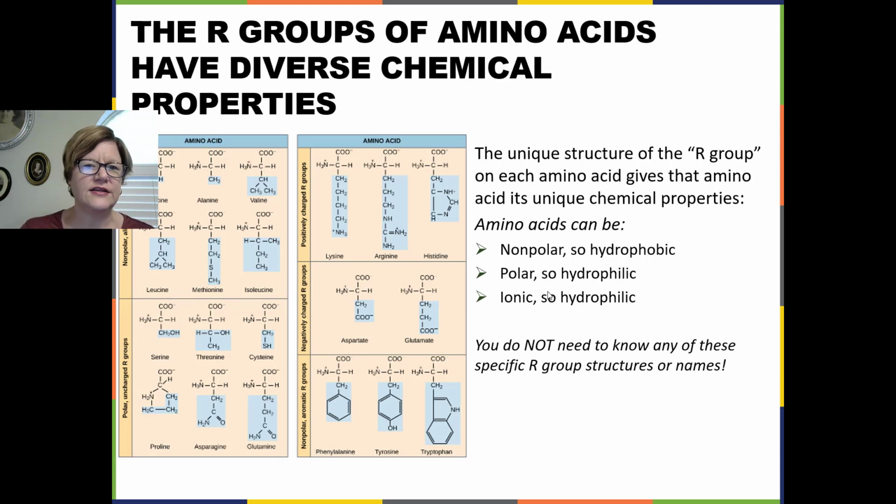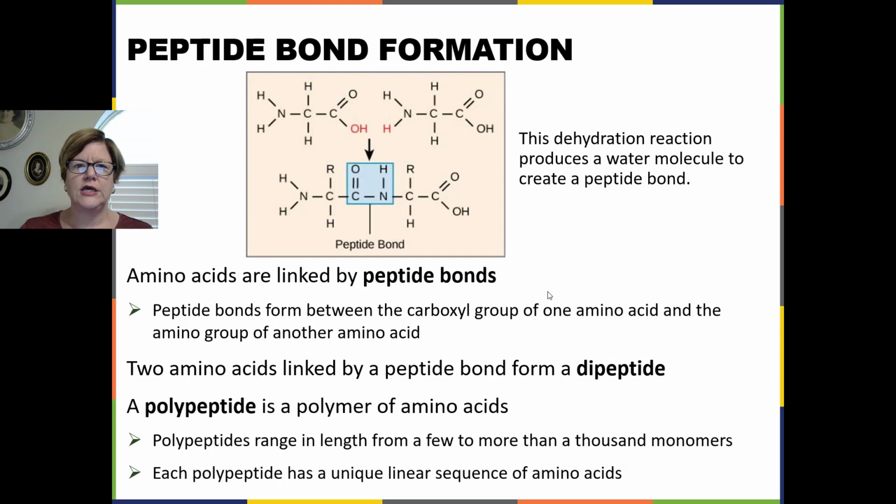So you have glycine, alanine, valine, leucine, methionine, isoleucine. But because of the R groups, some are nonpolar, some are polar, some are fully acidic, and some are fully basic. So the R groups give each amino acid a little bit different chemical properties.